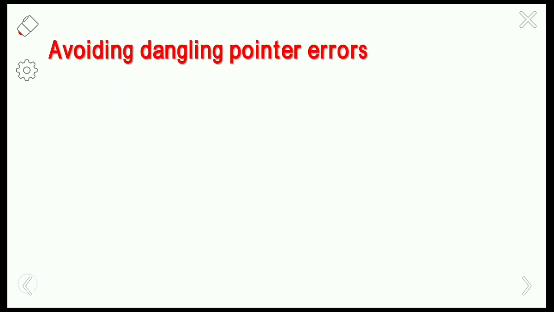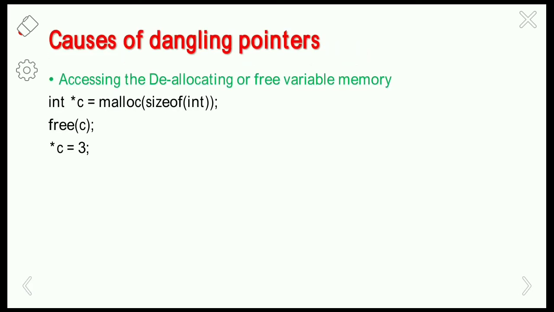So in this type of scenario also the dangling pointers will occur. Here we are dynamically allocating the size of the particular variable, and after allocating the memory, we are deallocating c using the free function. Okay, and here the pointer variable c equals 3.